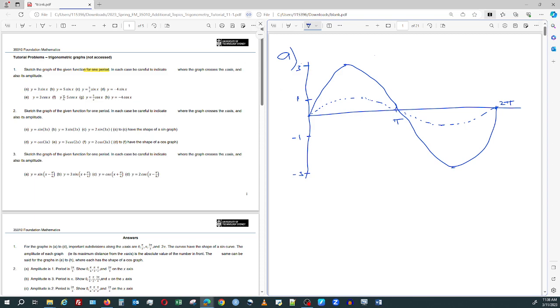Alright, so in actual fact I'm going to do 5b on top of this one as well. I'll just change colours. So b is going to be this one. Now it's 5 sine x, so it's going to come up to 5 and down to -5. So it's the same kind of thing.